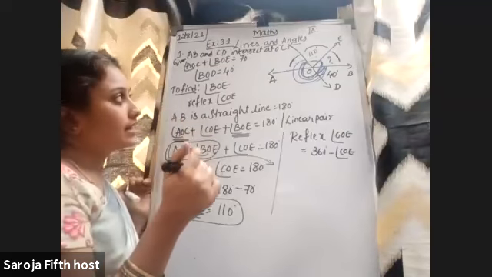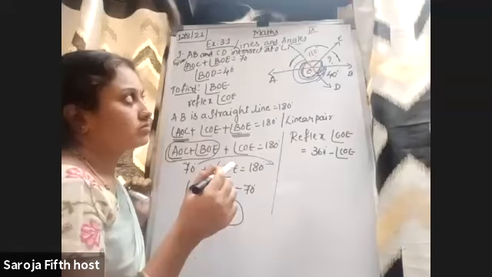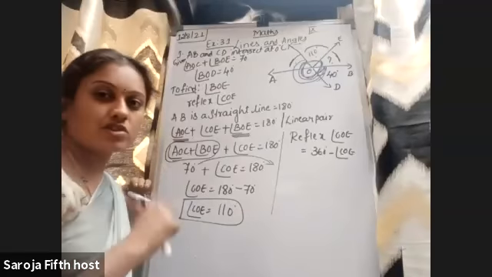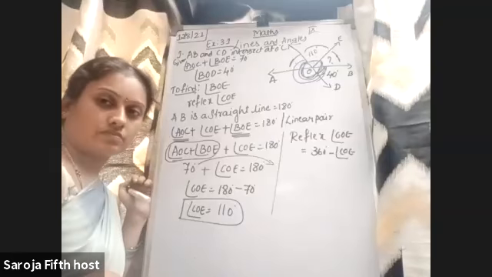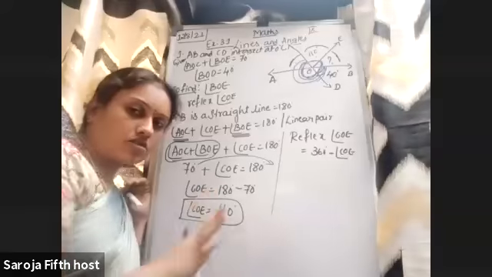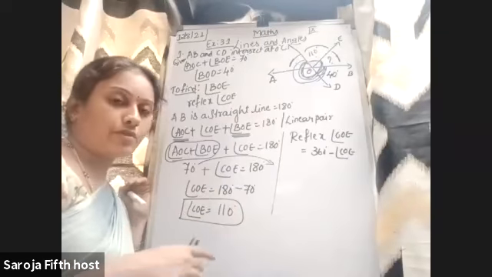Angle AOC is 40 plus BOE is 70, so BOE is equal to 70 minus 40, BOE is equal to 30. That can become complicated, but you can solve by that method also. That is also correct. You solve and send to me.